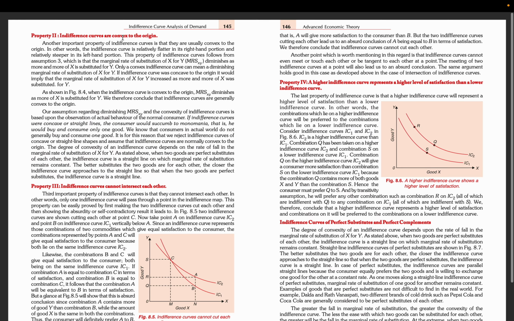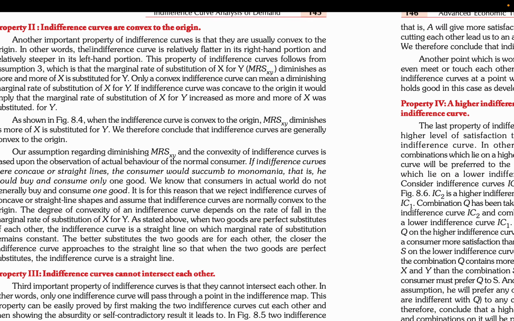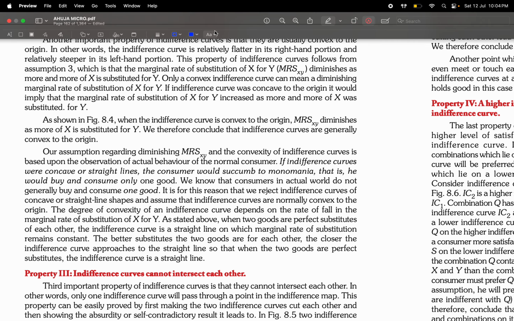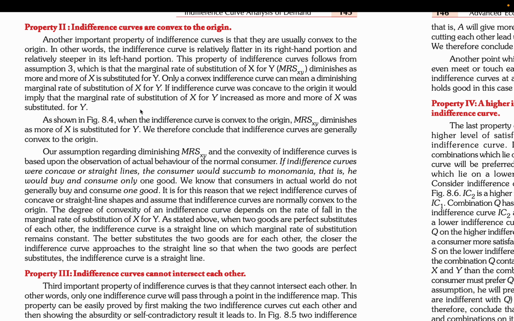Property 2: indifference curves are convex to the origin. ICs are usually convex to the origin. In other words, the indifference curves are relatively flatter on the right-hand portion and relatively steeper on the left-hand portion. So this is steeper, this is flatter. Should I draw this to show? So ICs are like this.